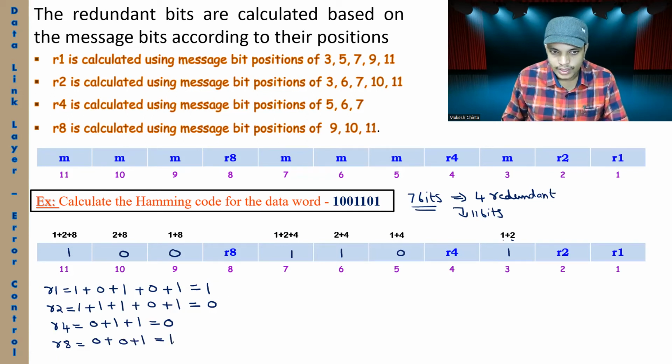So now you have these bit positions. R1 is to be written as 1, R2 is written as 0, R4 you calculated as 0, R8 you calculated as 1.